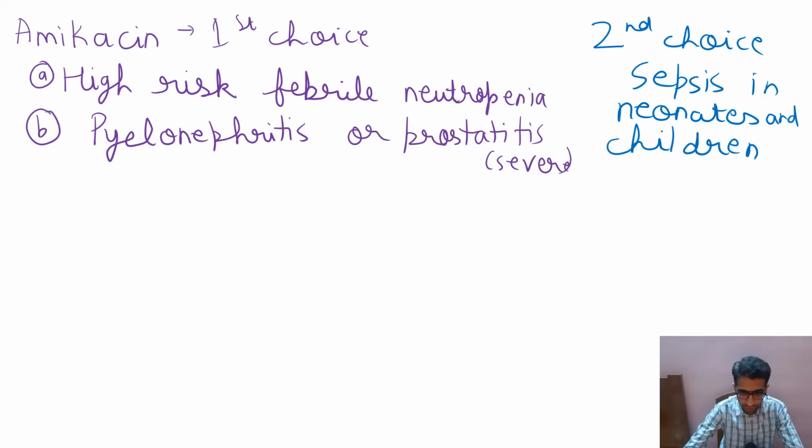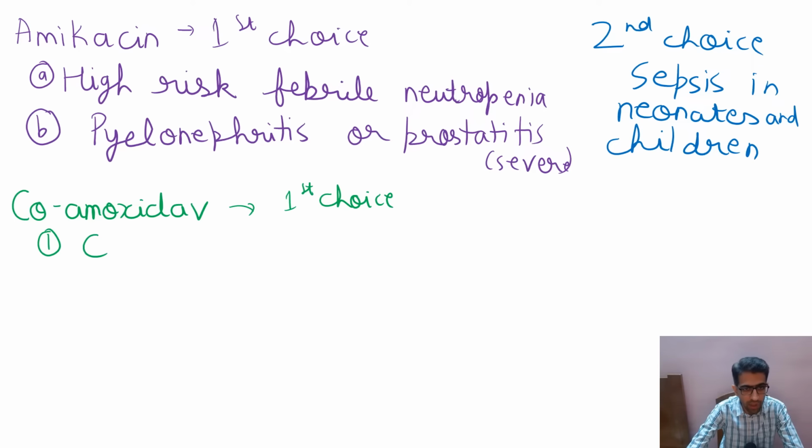Sepsis in neonates and children. Clear? Great. Now talking about a combination, that is co-amoxiclav, which is a combination of amoxicillin and clavulanic acid. Clavulanic acid, all of you are well aware, it is a beta-lactamase inhibitor. Others among that are sulbactam, tazobactam. So it is a first choice drug. In which conditions?